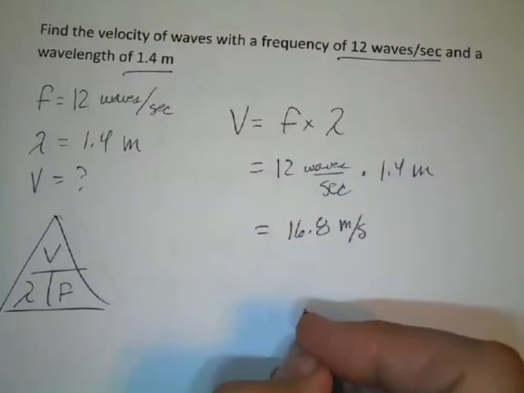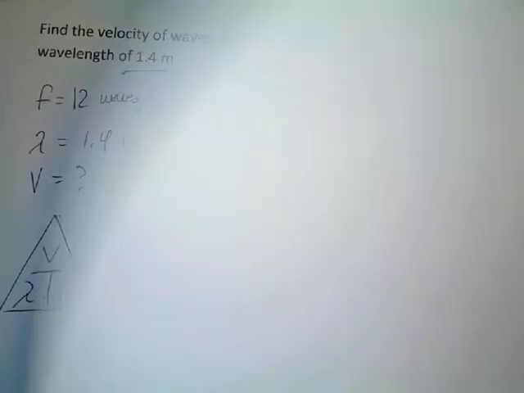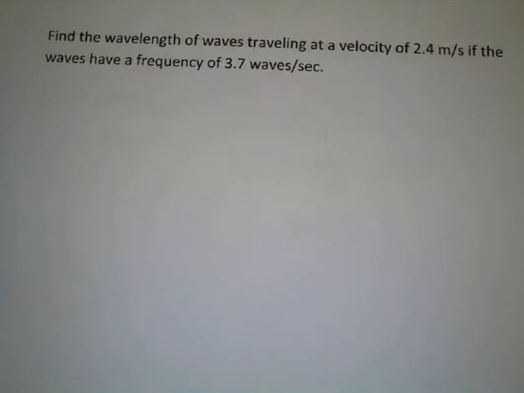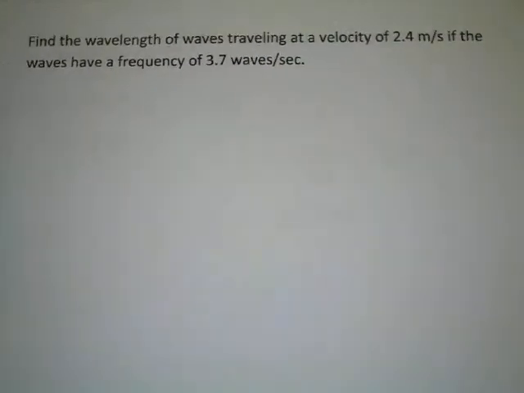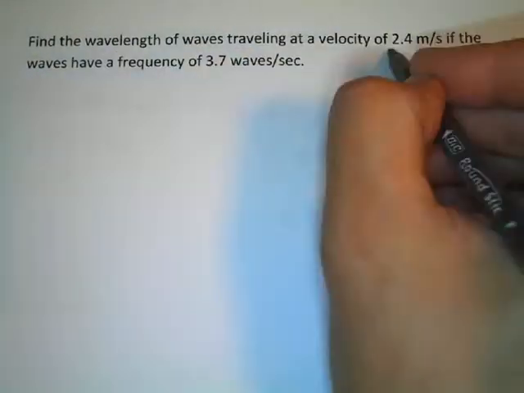Let's take a look at another one. Find the wavelength of waves traveling at a velocity of 2.4 meters per second if they have a frequency of 3.7 waves per second. All right, so let's see what's given to us. We have a velocity, and we also have a frequency.